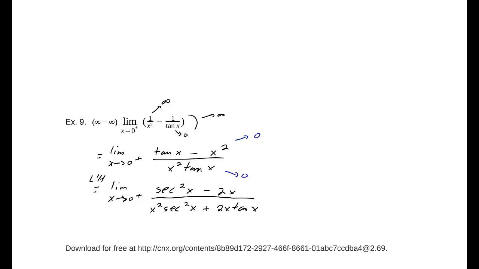Okay, now secant squared is going to 1. 2x is going to 0, because x goes to 0, or x squared goes to 0. And then this term goes to 0 as well. So it appears this limit is now a 1 over 0, which means the limit is positive infinity. Because x is coming from the right, it's going to be a positive infinity. Go ahead and add that note in there.